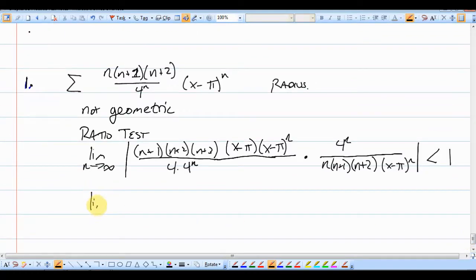Things cancel out nicely. Notice the n plus 1 cancels with the n plus 1, n plus 2 cancels with n plus 2, x minus pi, 4 to the n, 4 to the n. That's really nice. Okay, so the x minus pi over 4, we can't really do anything with that.